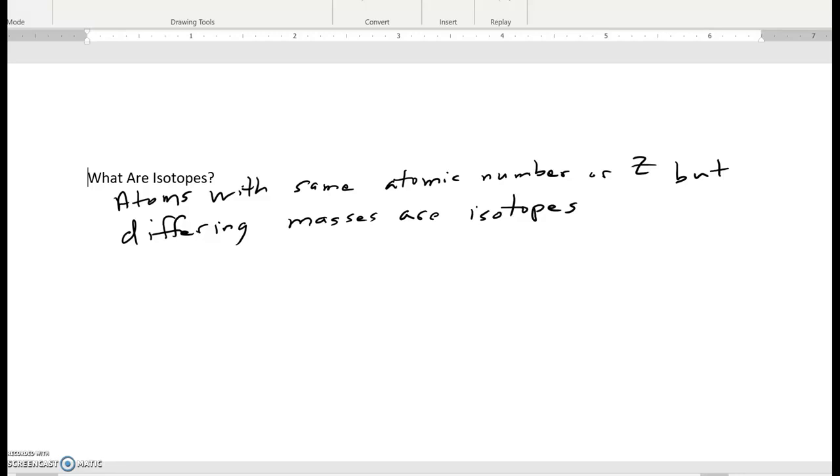Remember that the identity of an element comes from the atomic number, or the number of protons.